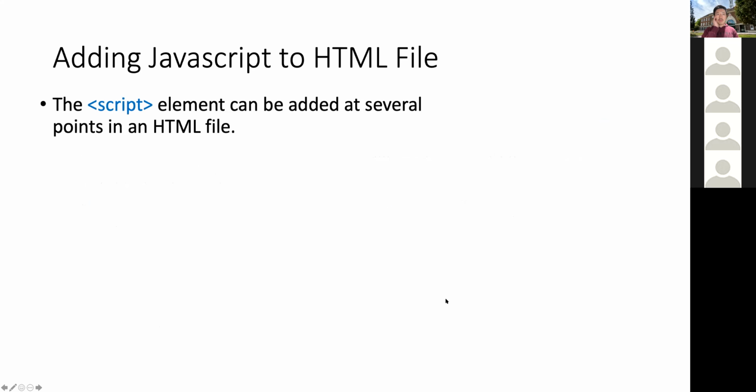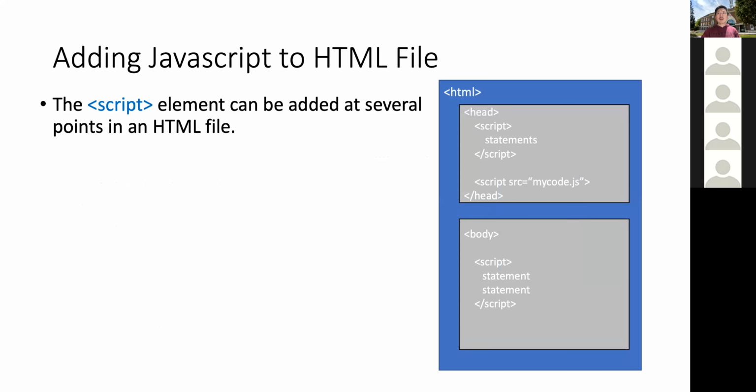Okay, and in terms of adding JavaScript to an HTML file, there are, again, a few different ways. First, similar to the embedded or second option in CSS, you can use a pair of script tags in the head section of your page to include the JavaScript.